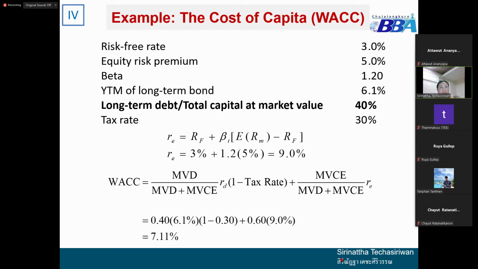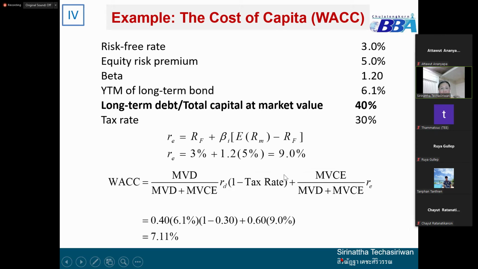So basically, cost of any instrument is the discount rate that discounts the cash flow of that instrument to the present value. So that's it, right? If the company has some other instrument as part of its capital, apart from just debt and common equity, you need to consider it as well, right? But in our class, we will focus only on common equity and debt, right?